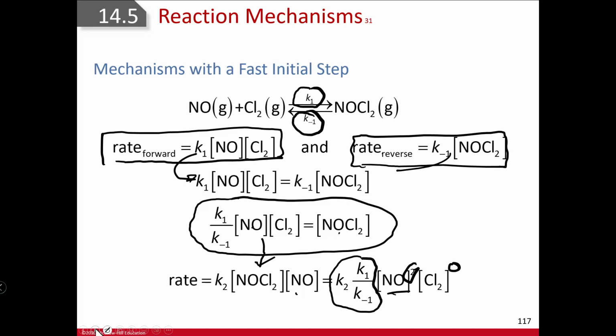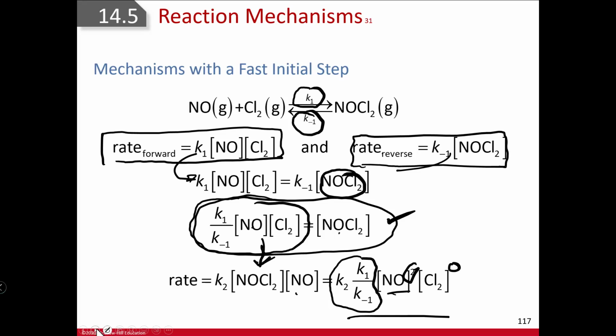And we solve for the intermediate. We solve for this, and we get this. And then we substitute all of that into the rate law, and we get this. And you notice that when we do that, we get the rate law that was determined experimentally.